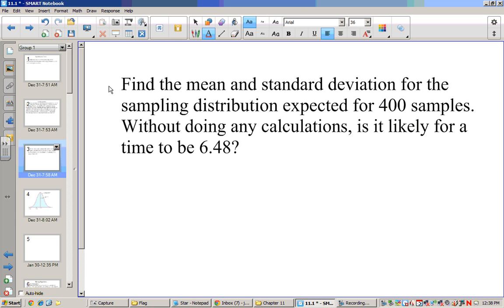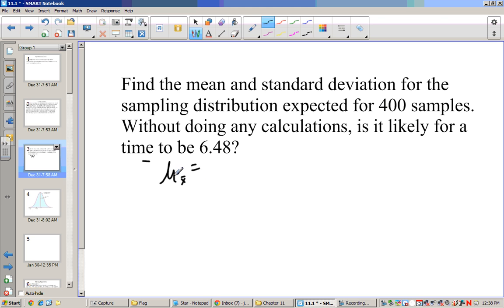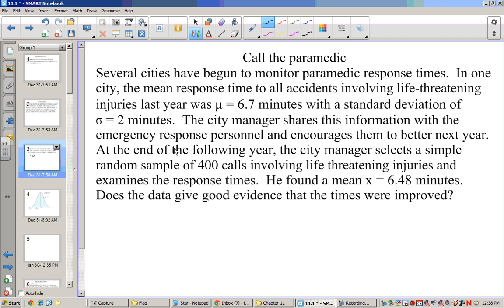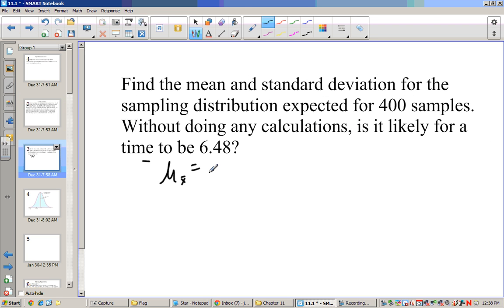Now in this case, we can find the mean and standard deviation of the sampling distribution expected for 400 samples. The mean of our situation, which is x bar, is going to be our previous mean, which is 6.7.